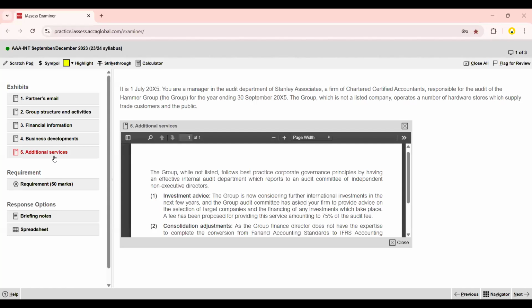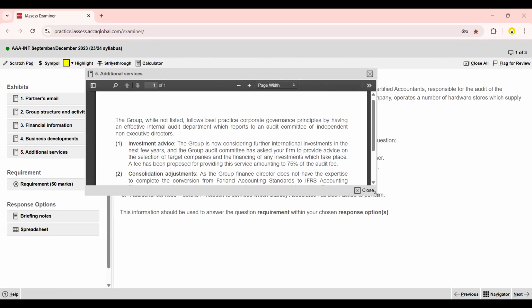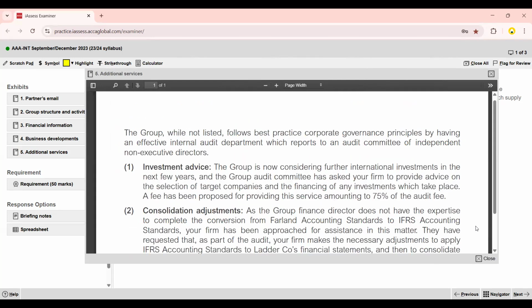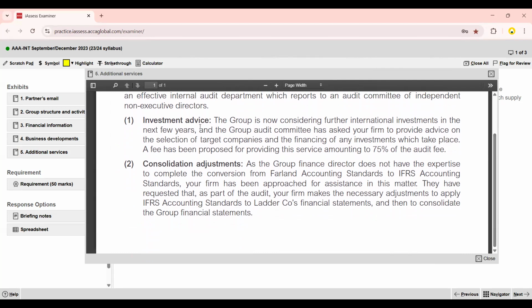Additional services. The group, while not listed, follows best practice corporate governance principles by having an effective internal audit department, which reports to an audit committee of independent non-executive directors. Investment advice: the group is now considering further international investments in the next few years.